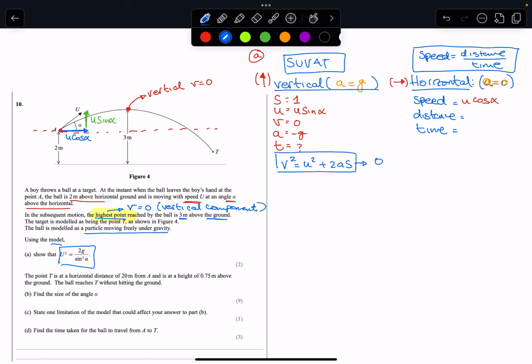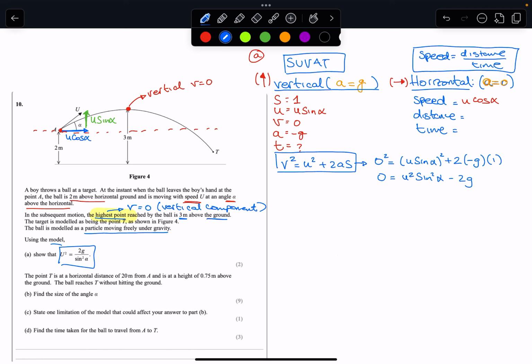So it will be 0 squared is equal to my u squared, which is u sine alpha squared, plus 2 times minus g times my s, which in this case is 1. So that becomes 0 is equal to u squared sine squared alpha, and 2 times minus g times 1 is minus 2g.